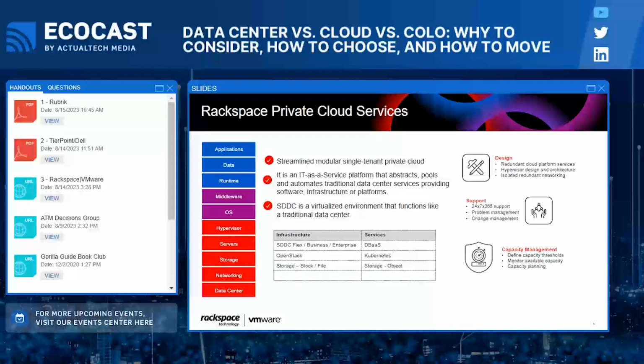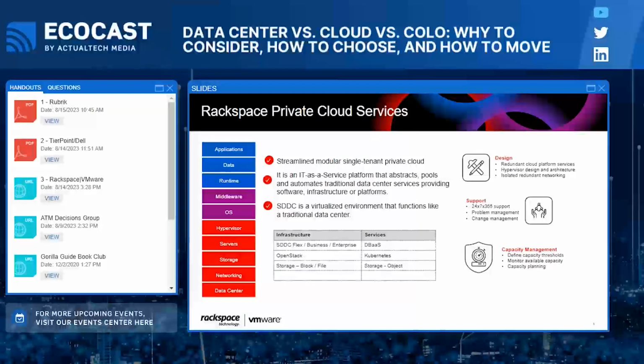At Rackspace, the majority of our private cloud offerings is SDDC. We call it software defined data center. We do have different offerings there: SDDC Flex, Business, and Enterprise. They still provide VMware vCenter accessible infrastructure, but there are different levels of service, and you can think of these as different tiers, right? And then there are other services that we have in private cloud.